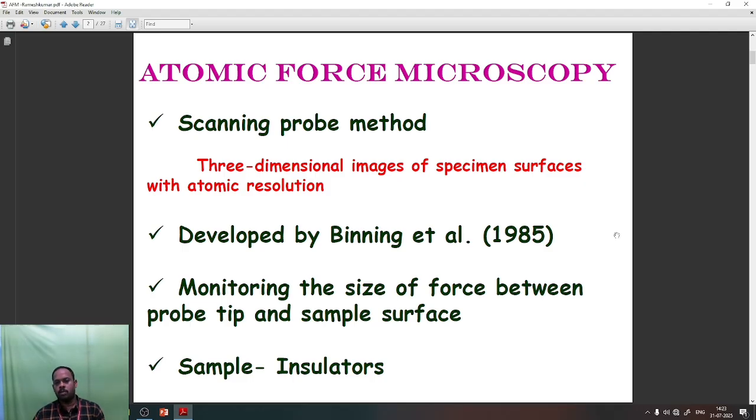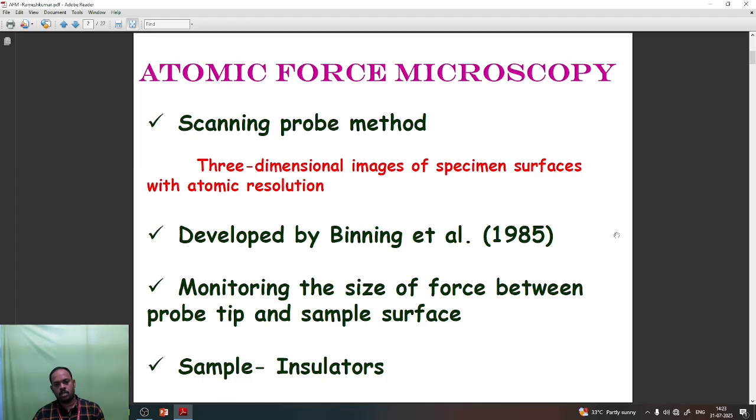So when the electron beam hits the sample surface, there will be numerous processes happening. So depending on the electrons coming out of the sample, depending on the nature of the analysis, or depending on the nature of the detectors we use, the characterization method will be different.